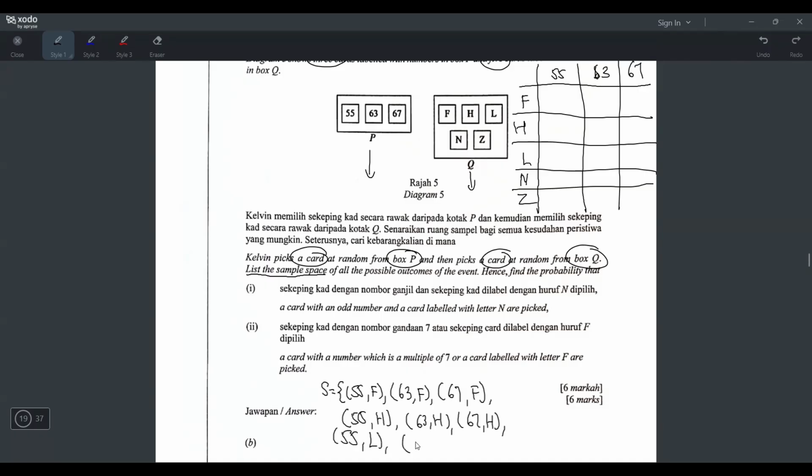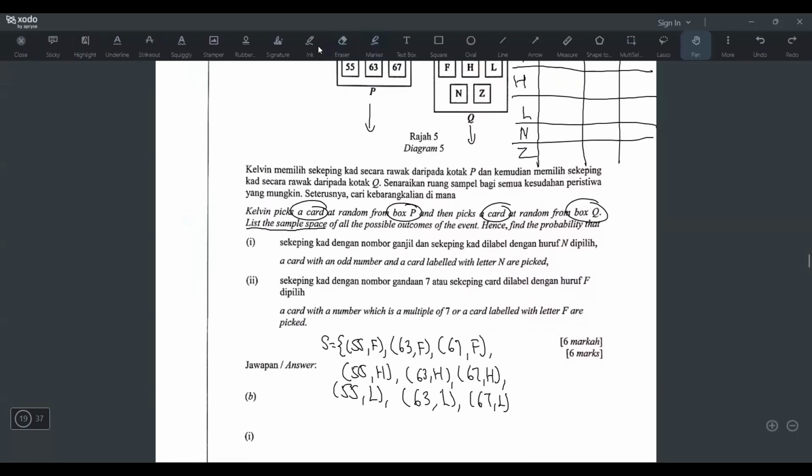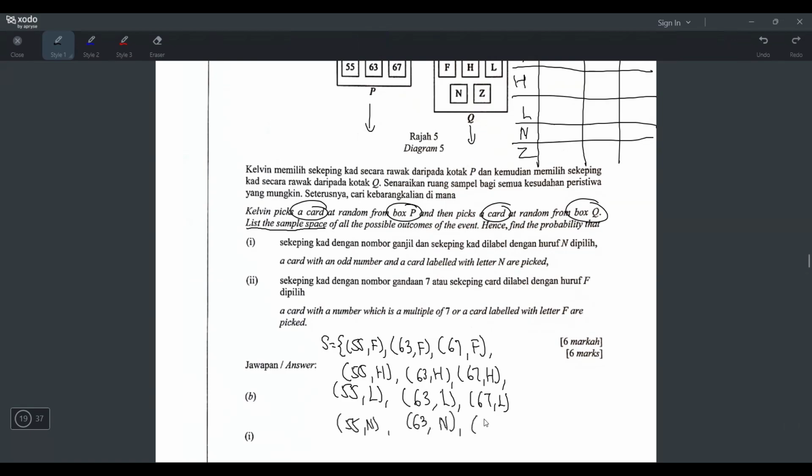Okay, this is very boring, right? 63L, and then 67L. And then the next one, what is it? 55N, and then 63N, 67N.